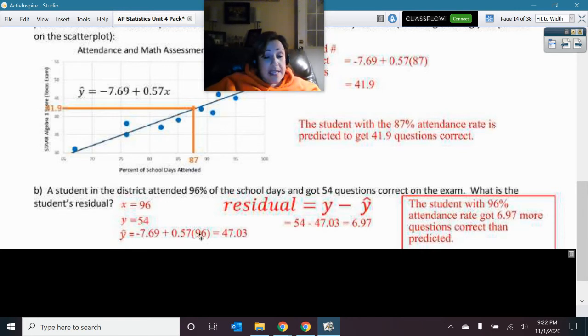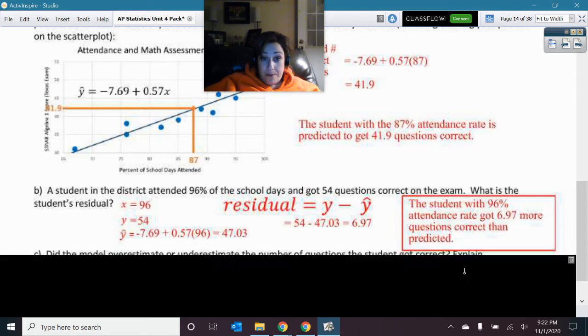See, I just plugged in my 96 into that prediction equation and I got my predicted Y. So now I have actual Y, now I have predicted Y, so I can do my residual RAP. Residual is the actual Y minus predicted Y. So there's when I plug in my numbers and I solve. And so there we go. That student got 6.9 more questions correct than what was predicted to happen.